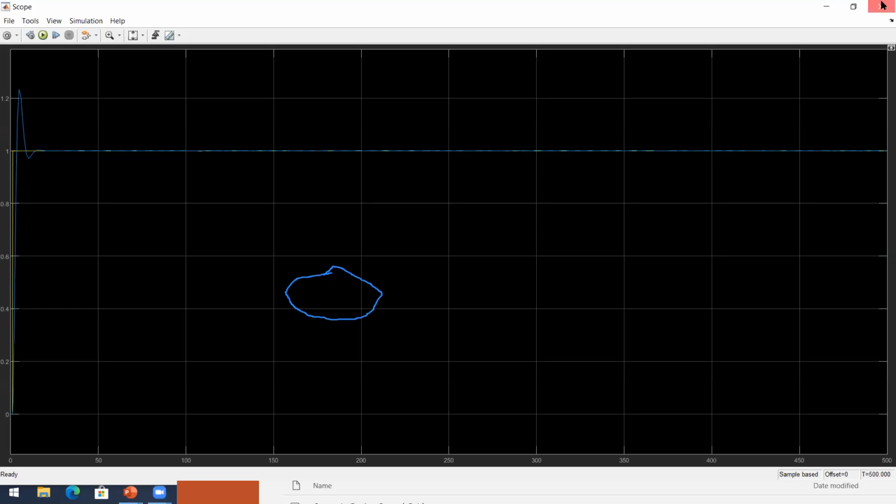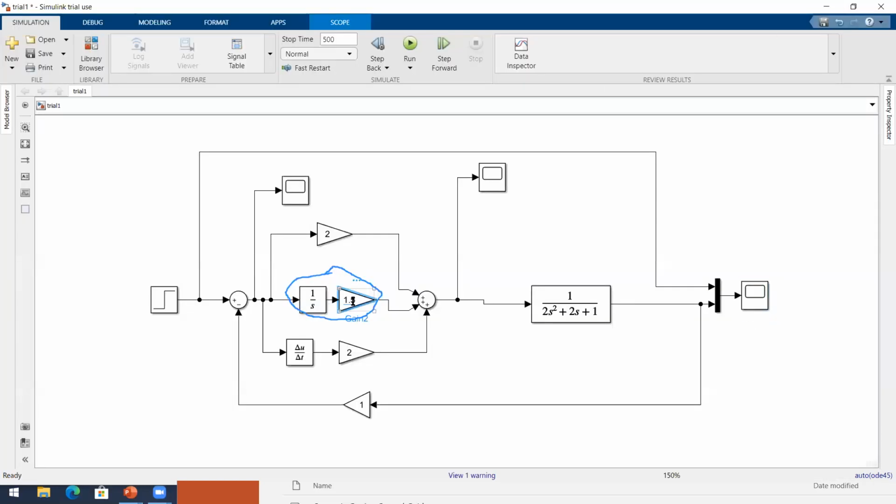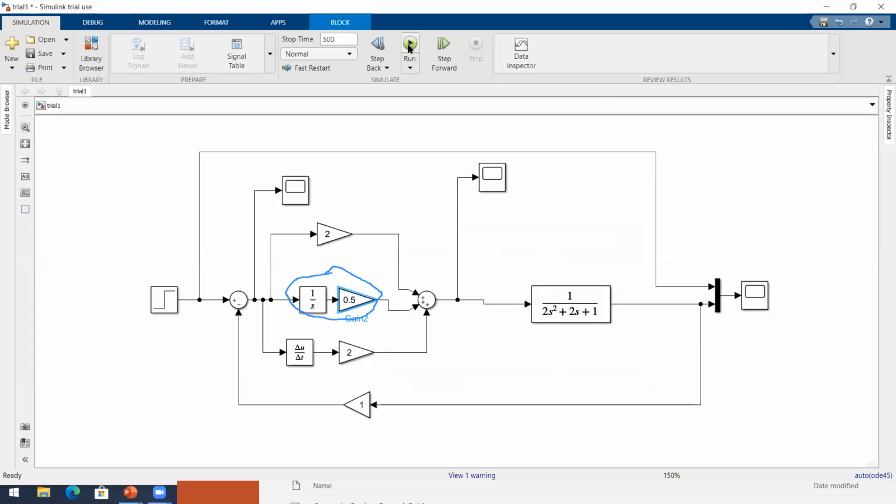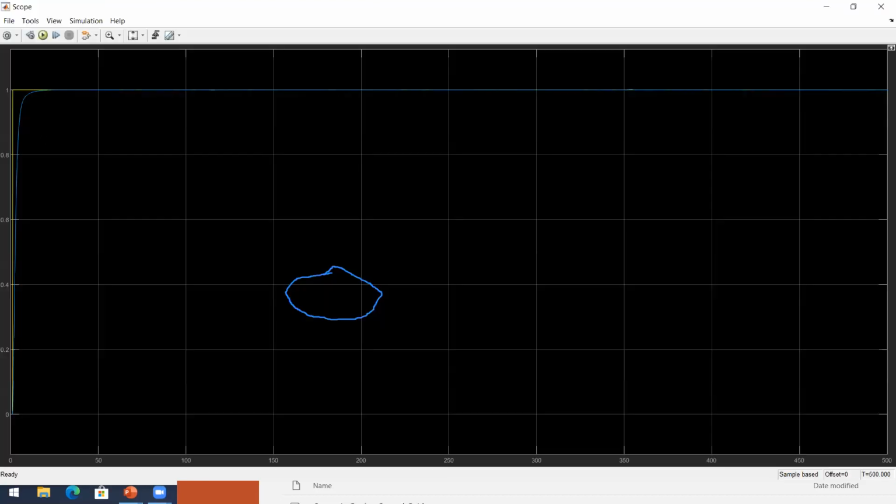Now I'll reduce this integral gain to, say, 0.5, then apply. Just doing some trial and error, there is no logic over here. Can you see here? There is no overshoot and it is steady, sir. Yes.